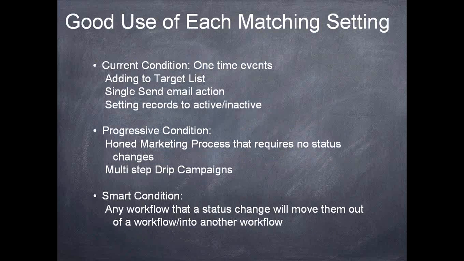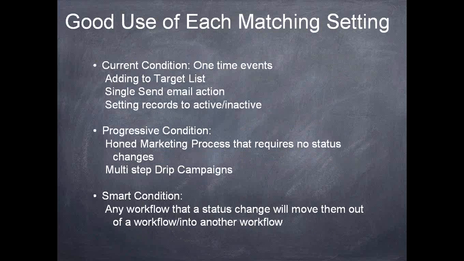So let's talk about how to properly use each matching setting, and then we'll move into the demonstration portion, and I'll actually put together some workflows based upon the types and benefits of using each matching setting. So first you have your current condition.